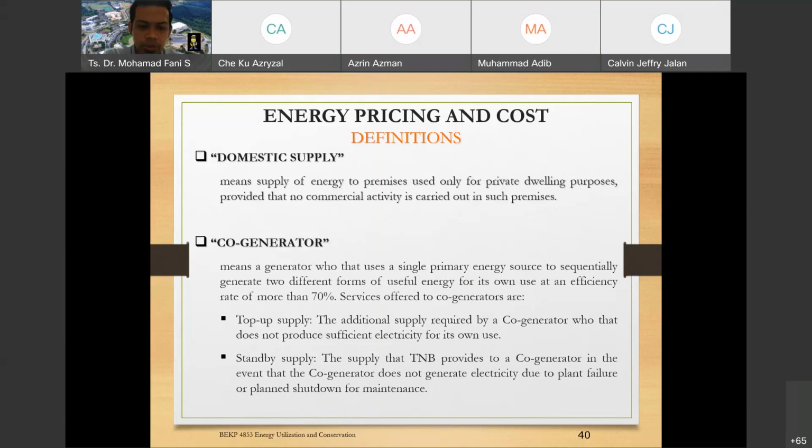Co-generator means a generator that uses a single primary energy source. Actually, they have their own generation. Top-up supply is the additional supply required by a co-generator that does not produce sufficient electricity for its own use, and standby supply is the supply that can be provided to the co-generator in the event that it does not generate electricity due to plant failure or plant shutdown for maintenance.